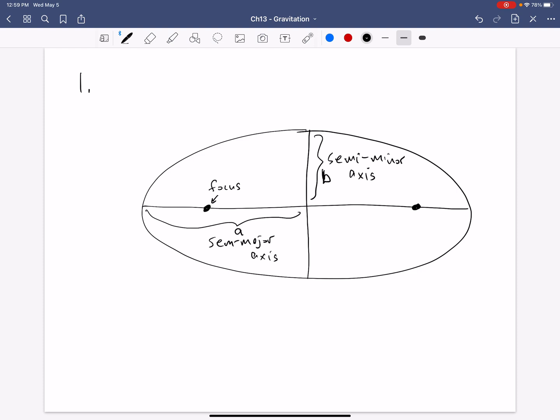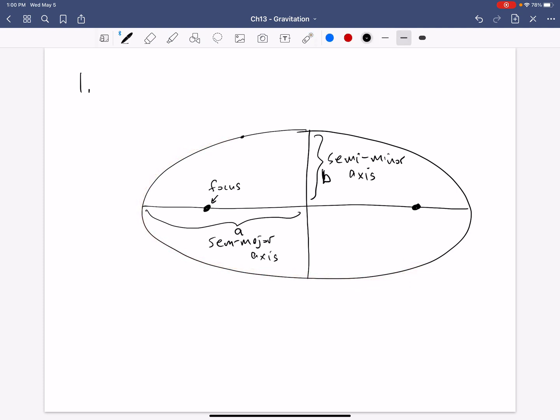For planets around the sun, the sun would be located at one of the focus points. There is, in theory, just hanging out in space, another focus point on the other side, but the center of mass of the sun is at one of them. That means the planets go around in this path around the edge.